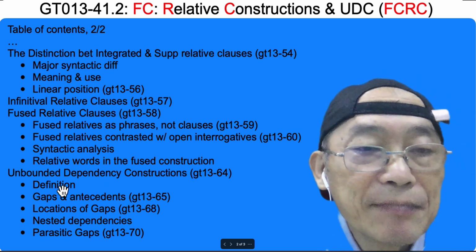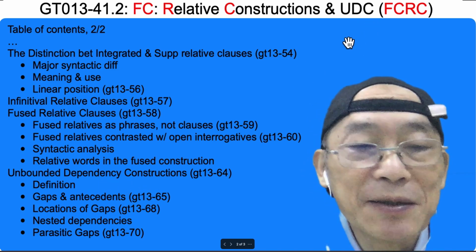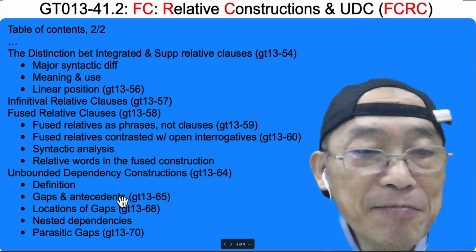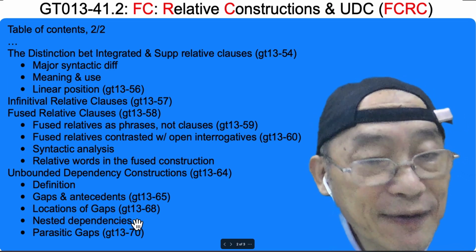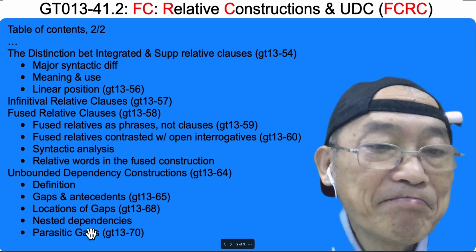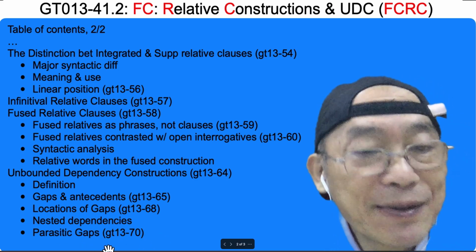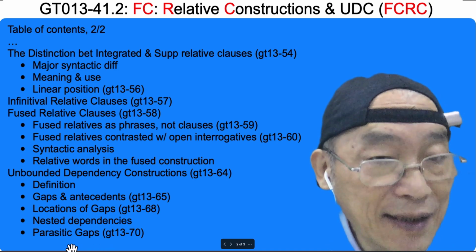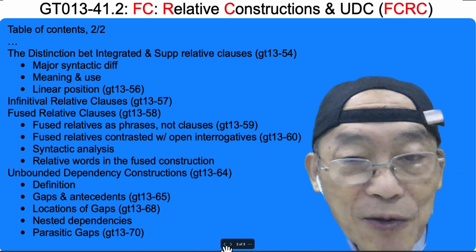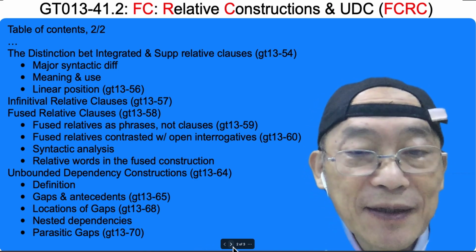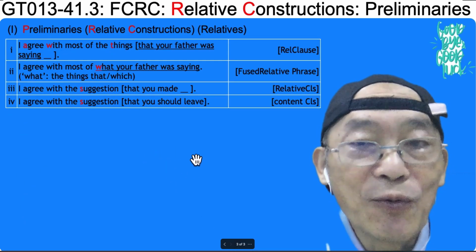Then unbounded dependency constructions, UDC: definition, gaps, antecedents, locations of gaps, nested dependencies, and parasitic gaps, a gap inside another gap. That's it for the table of contents. We will just see one page.